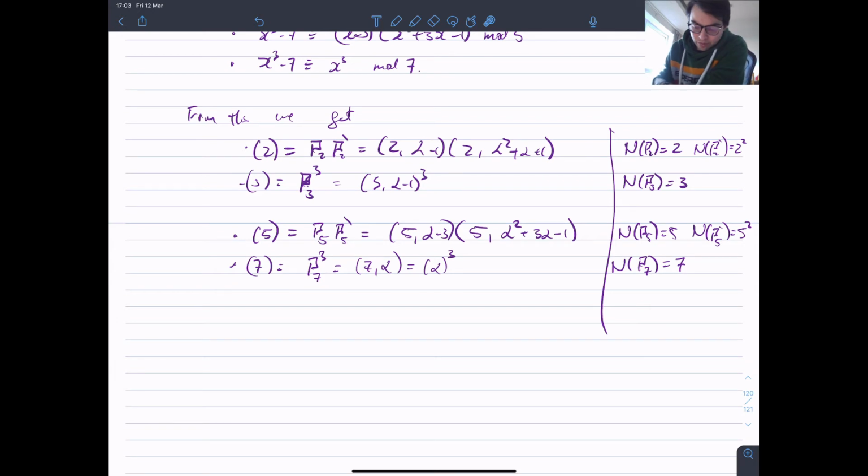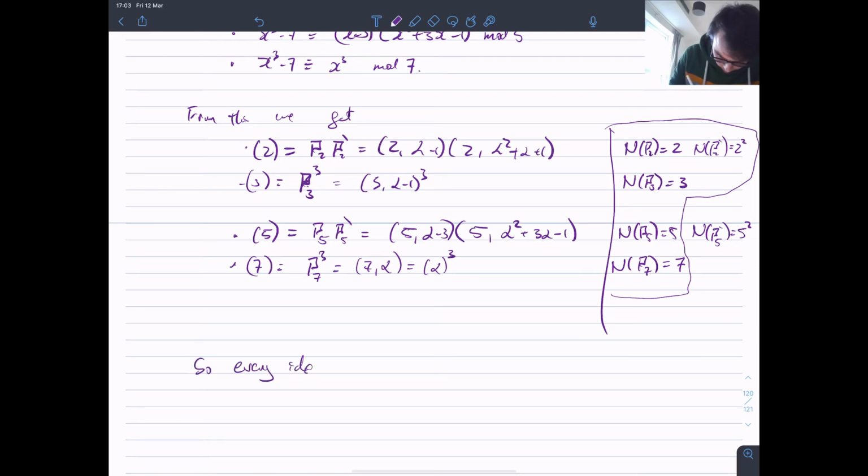Here first, for example, P5 prime has norm 5 squared, which is bigger than 10, so I can ignore it. All I really need to consider are these ideals. This set of ideals are all the ones that show up. So every ideal of norm less than 10 is formed by products.